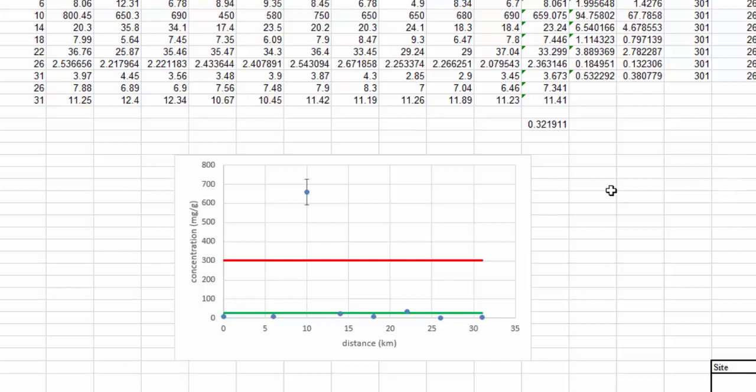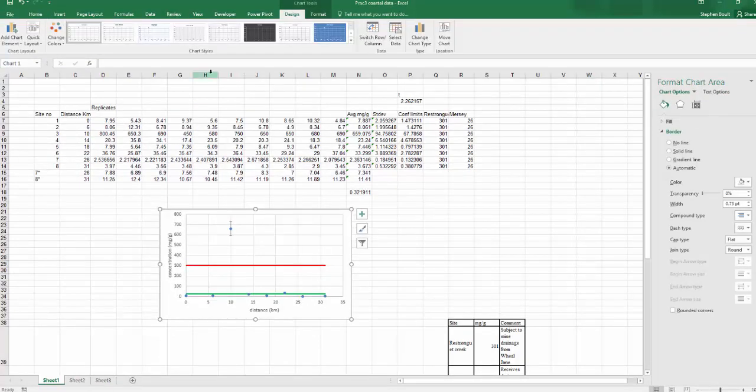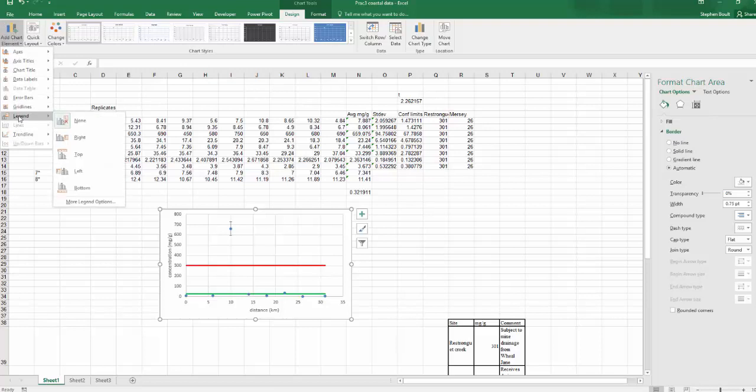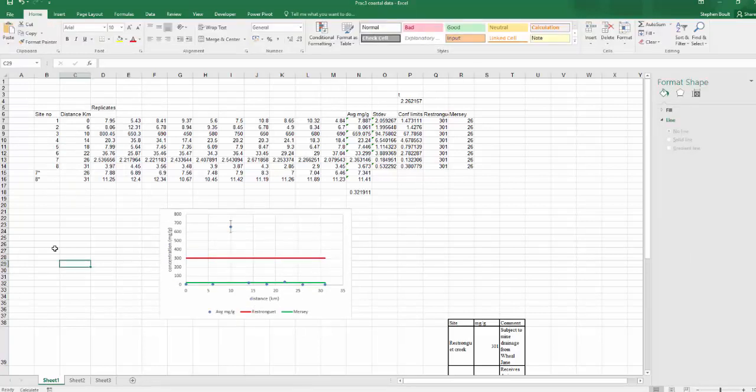Now that we've got more than one data set on the graph, we need to add a legend. So again, if we go to add chart element, we can add a legend, and maybe put it at the bottom. There may be a few other things that you could do with that to improve the appearance.